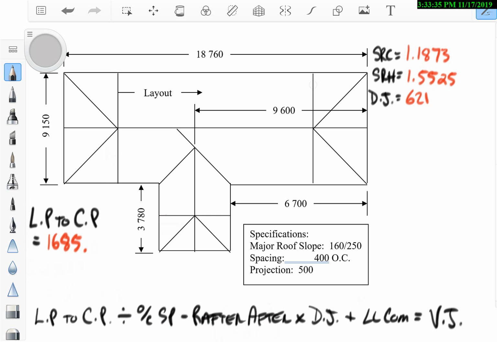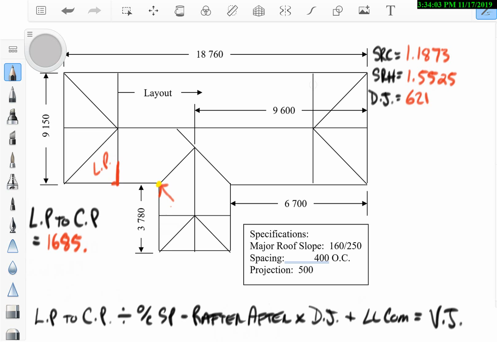Okay, we'll get set up for a couple more. Now we are going to cover our first, second valley jack. So this will be the same whether we're working on the major roof or the minor roof. The way this works is this point right here on our major roof would be our layout point. And our new point here that we've talked about in class is our change point.